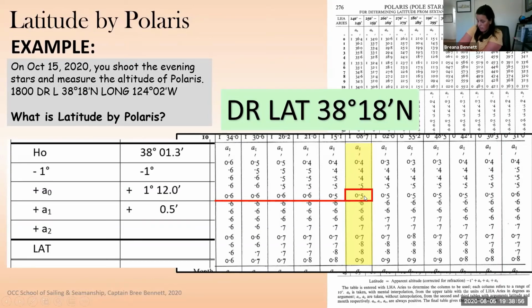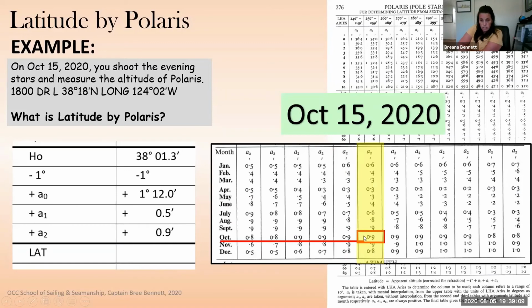If you were at 40, it was 0.5. So your 38.18 is still 0.5. So same column, we're going to work our way down to A2. And the month that we took this sight was October. So same column, we find October and we get 0.9.